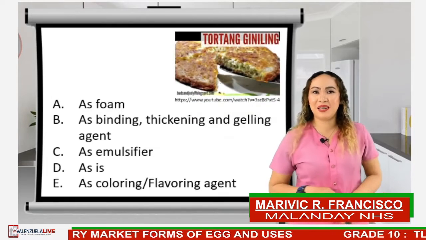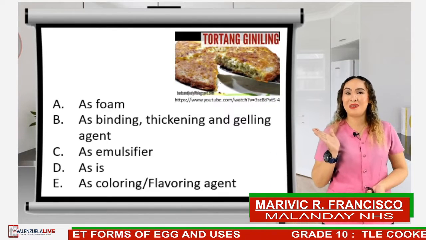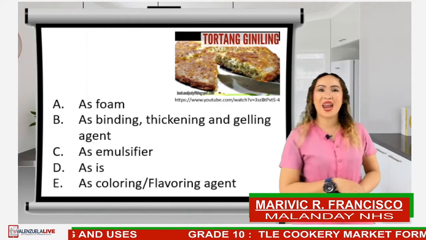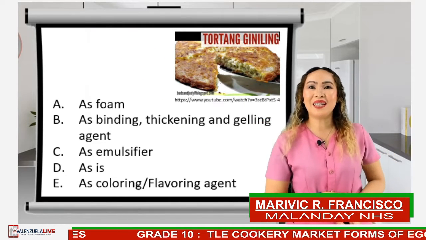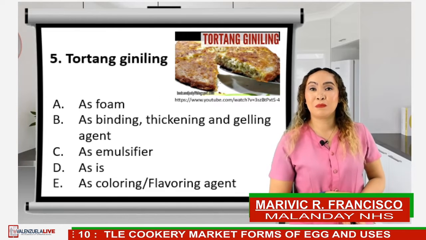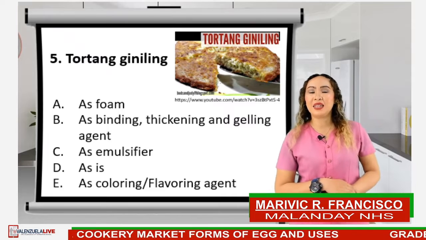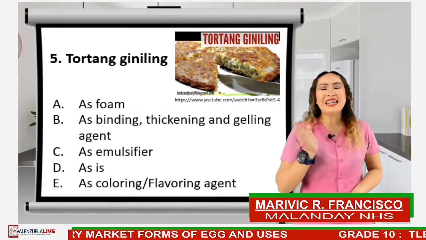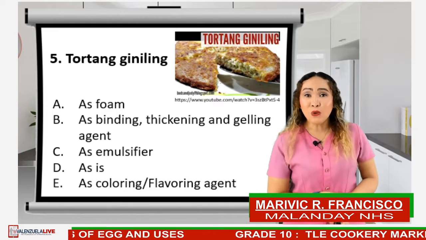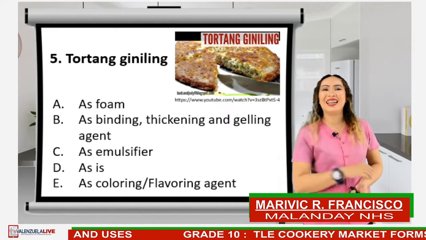Next recipe. Oh, alright. So we have one of our favorite entree. So this is a tortang giniling. Okay, so tortang giniling. How is egg being used in making tortang giniling?